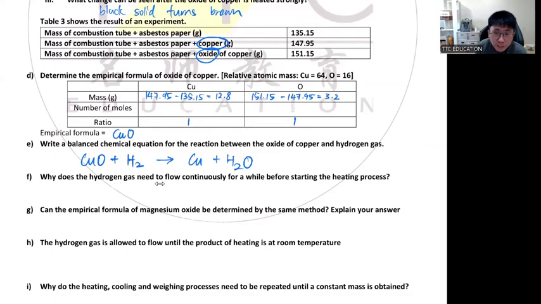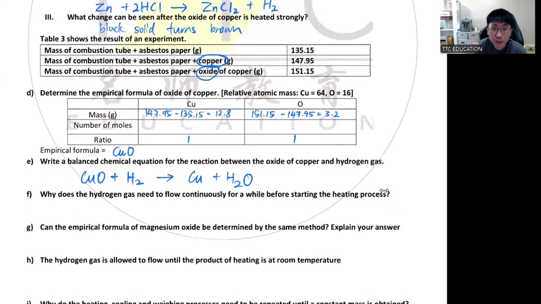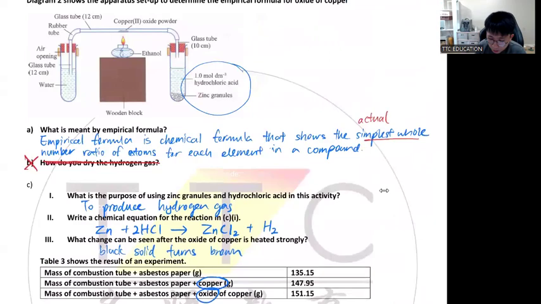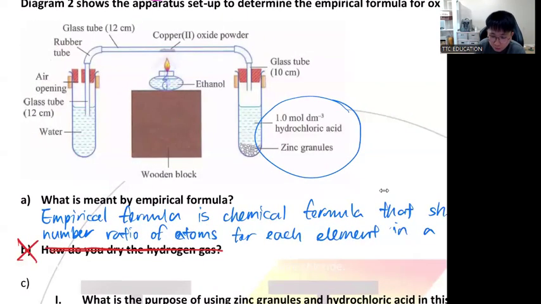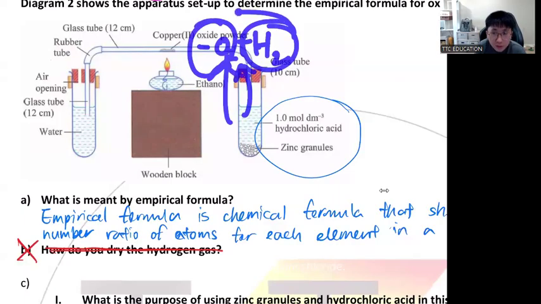Okay, why does the hydrogen gas need to flow continuously for a while before starting the heating process? It's actually something we discussed a long time ago when I taught you this topic. Before you do this experiment, you cannot straight away start heating, because you have to let your H2 flow for a few moments first, maybe a few seconds or maybe 1 or 2 minutes. The reason is, if you don't let it flow and you start heating immediately, the copper 2 oxide will react with other things. For example, we have oxygen gas in the tube, and with the H2 coming in, the H2 and O2 mix, and when you heat, this thing will explode.